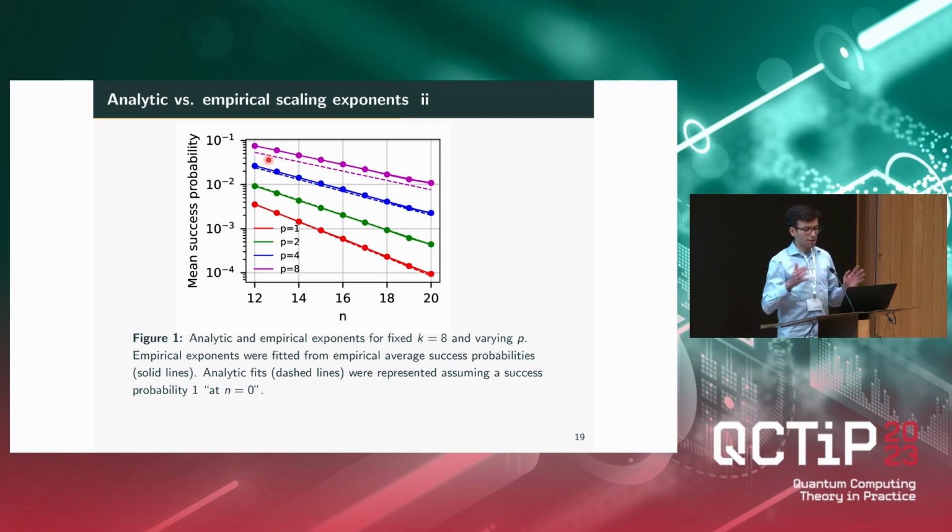So a first general observation is this exponential scaling predicted by our analytic procedure can actually be observed empirically even for very small instance sizes. Even at 12, it's okay, you already see it. And secondly, the analytically predicted exponent seemed to match quite well with the empirical ones, despite, again, the instance sizes being quite small. So that was an encouraging initial finding.